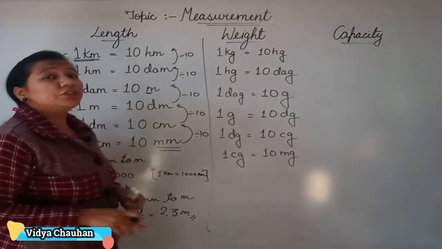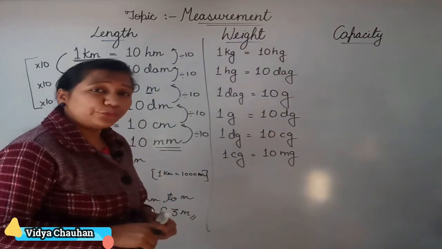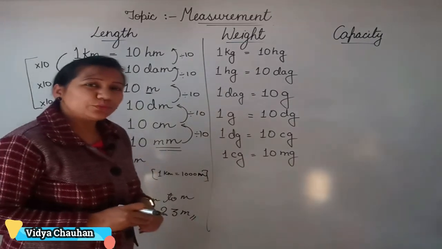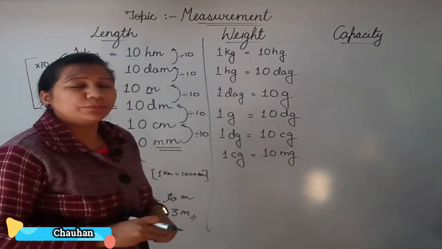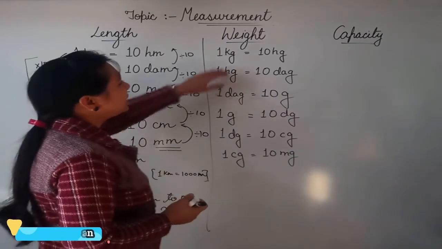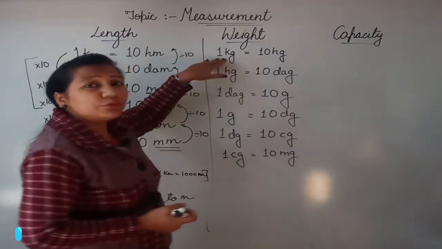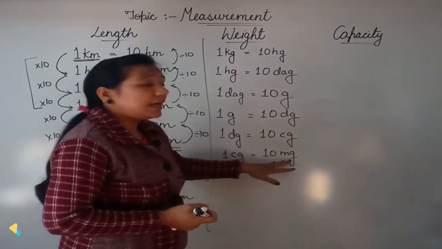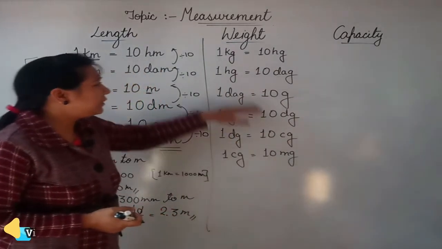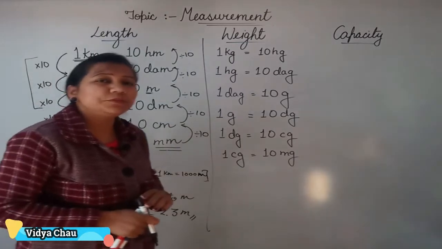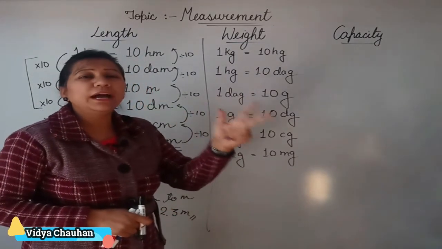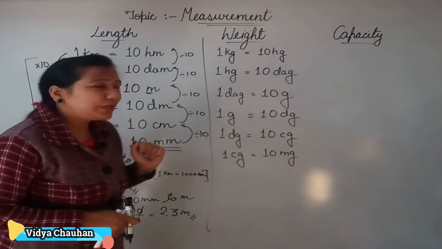So this is the conversion table in case of weight when we are measuring the mass of some objects, whether it is vegetables or human body weight. The common units which we use here are kilogram, gram and milligram. These are the three common units which we use in terms of measurement of weight. Kilogram, gram and milligram. Clear, students?